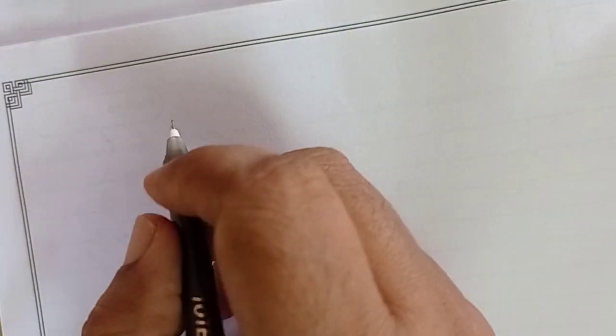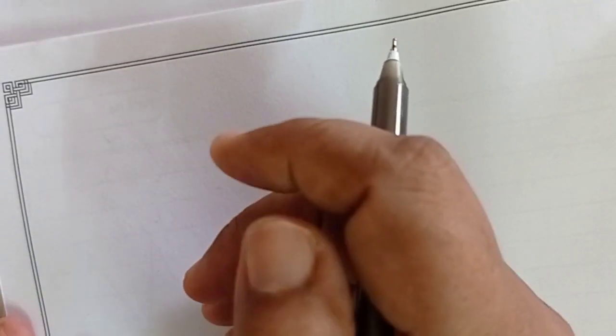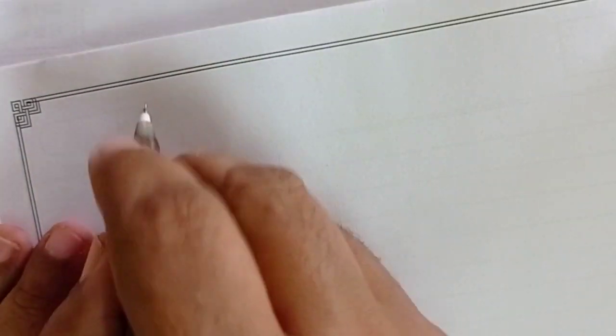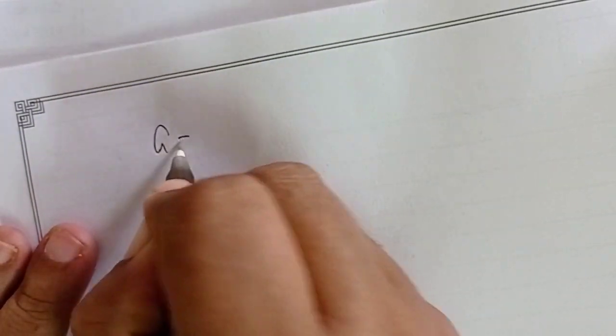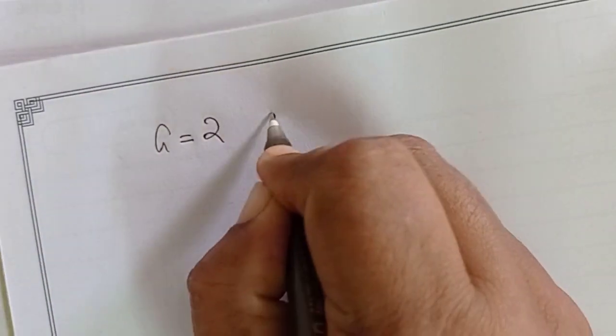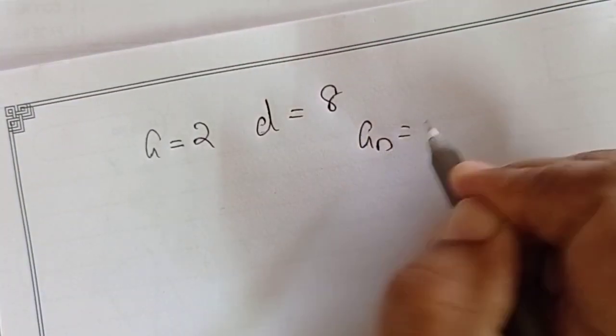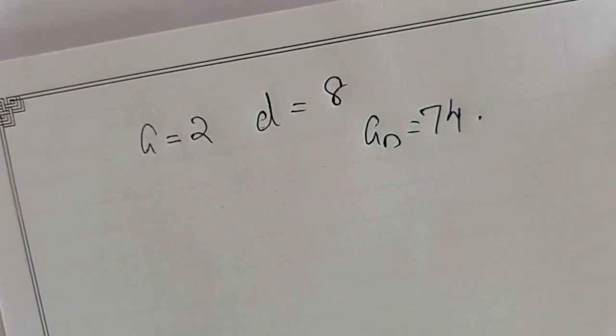AP means, how is an AP obtained? An arithmetic progression is obtained by adding or subtracting a certain number to the preceding number, isn't it? Here a is 2 and the common difference is 8 and the nth term a_n is equal to 74. All of you look here.